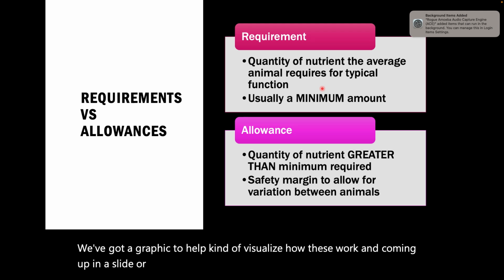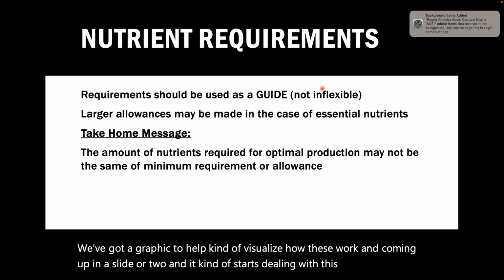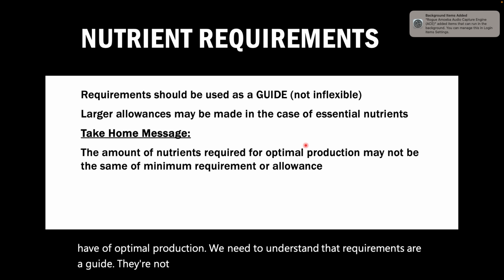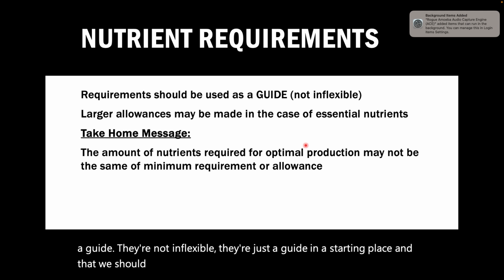And it starts dealing with this concept that we have of optimal production. We need to understand that requirements are a guide. They're not inflexible. They're just a guide and a starting place, and we should be critical thinkers and evaluators of a situation and make adjustments as we need to.